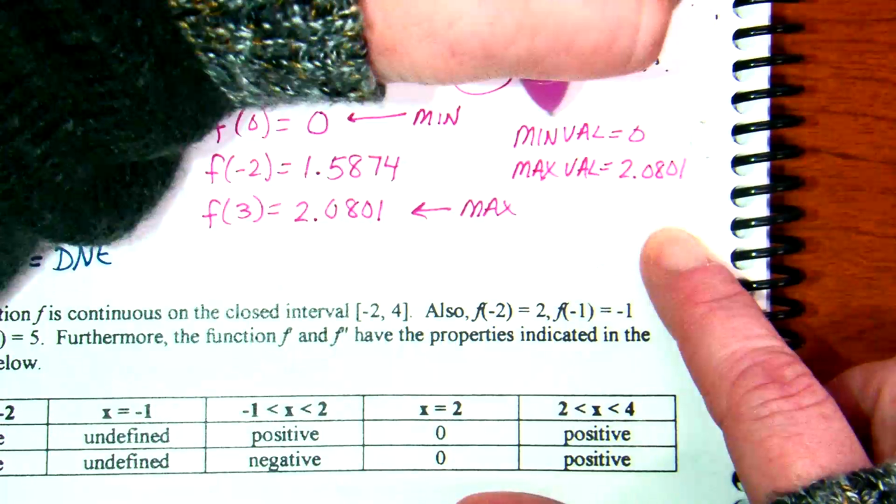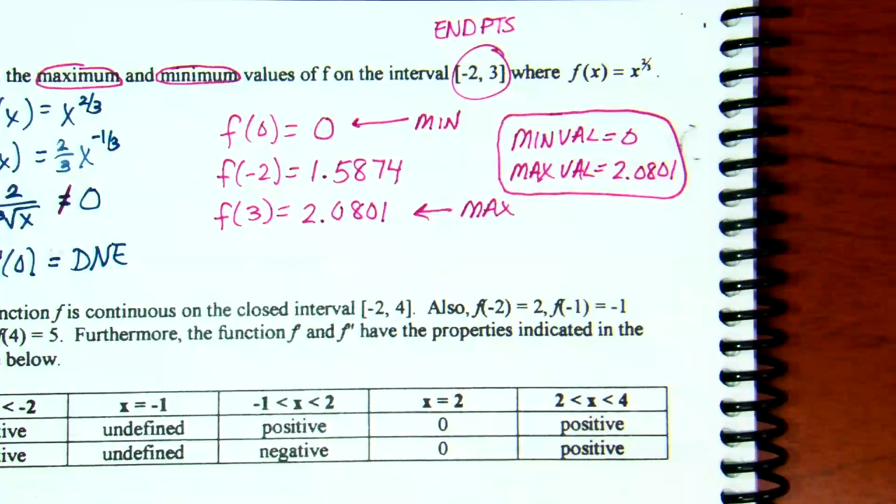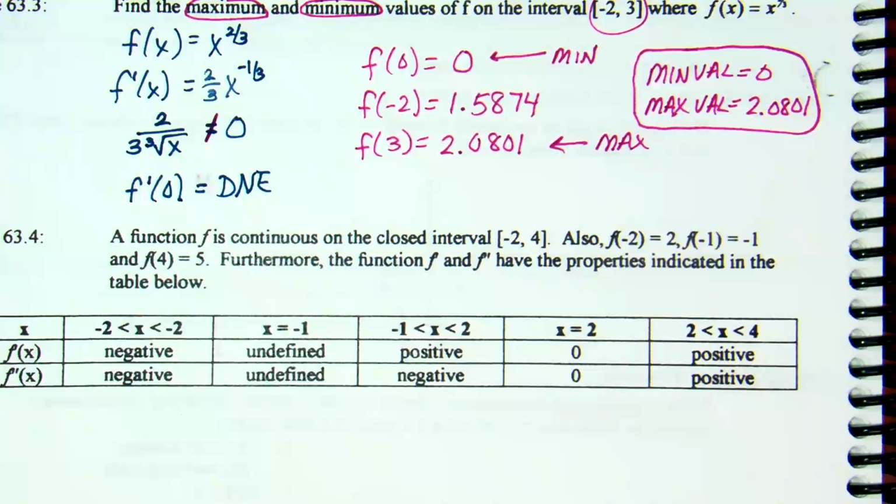Okay, get what you need there. We've got one more example, example 4. Okay, a function f is continuous on the closed interval -2 to 4. Also, they tell us f of -2 is 2, f of -1 is -1, and f of 4 is 5.